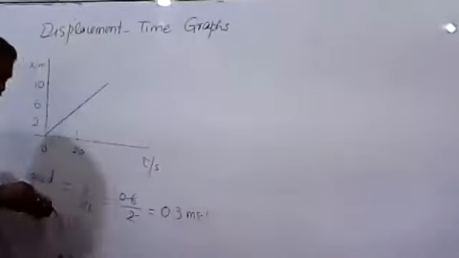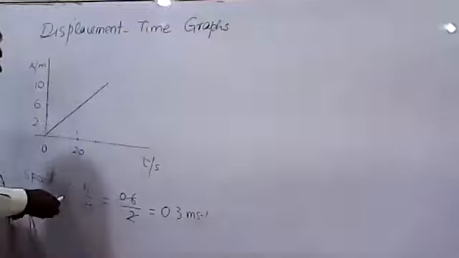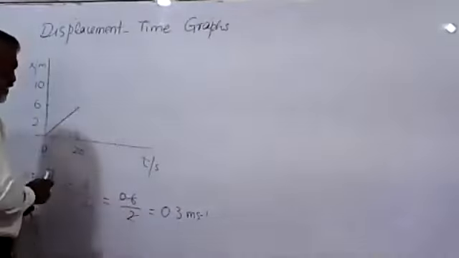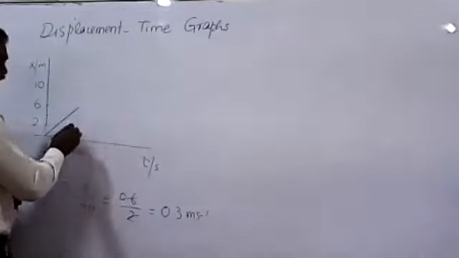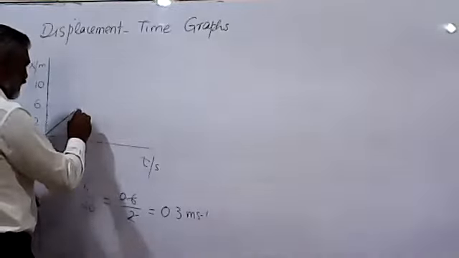So this is the speed with which the object is moving, and this is a constant speed. But obviously there are other possibilities. Let's say after moving at a constant speed for the initial 20 seconds, the curve is something like this.